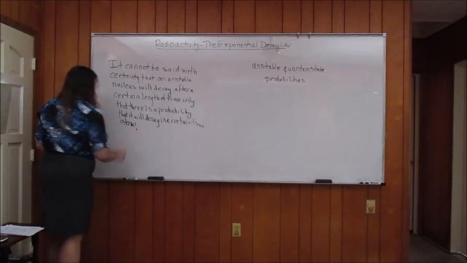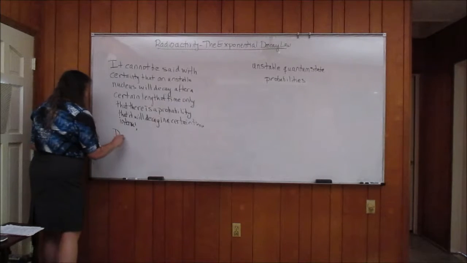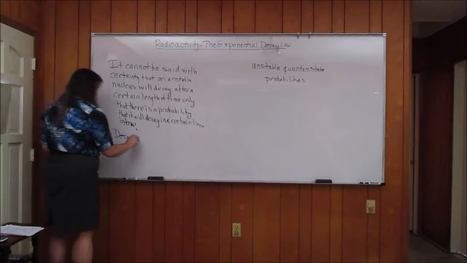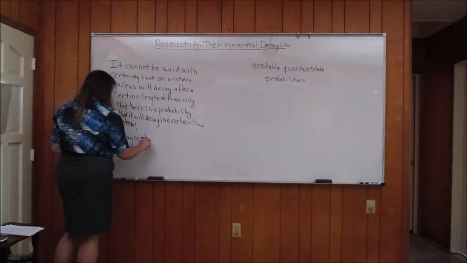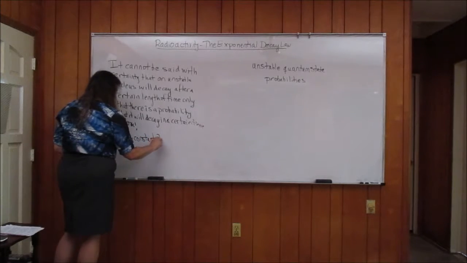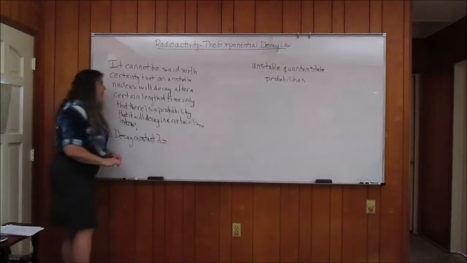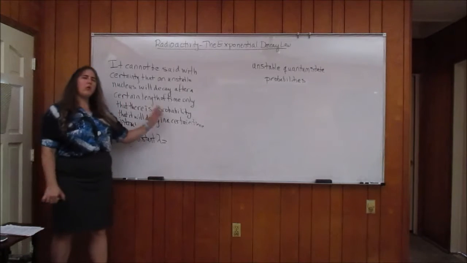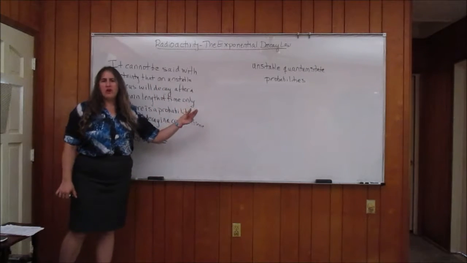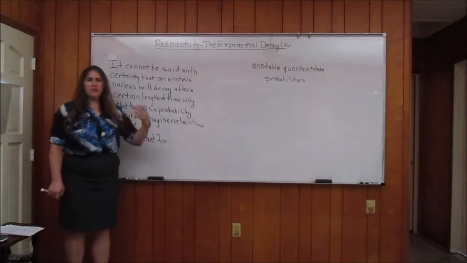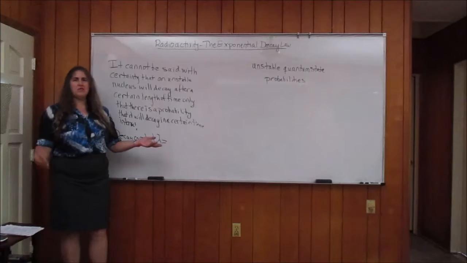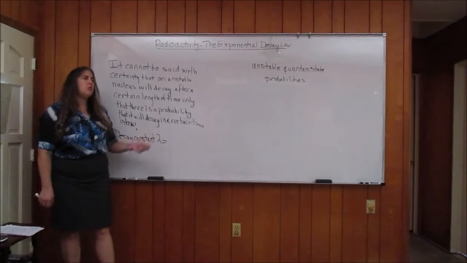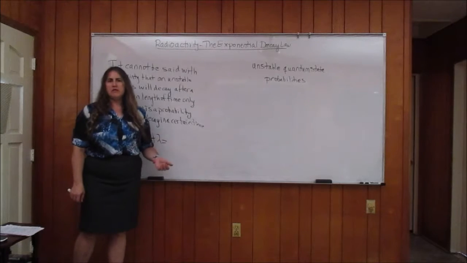So for this reason, we're going to introduce a quantity called the decay constant. And let me just say this before we go on. You want to think about a coin toss, okay? You toss a coin, you've either got heads or tails. It's a 50-50 chance. Well, let's say you toss a coin one time. It turns up heads, okay?